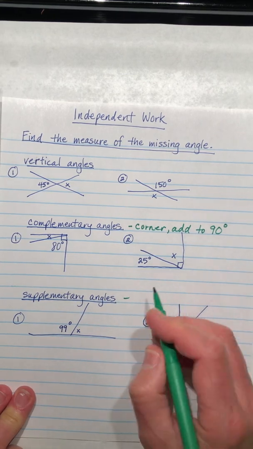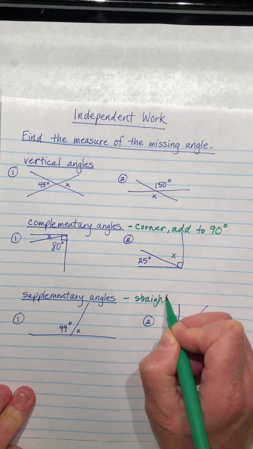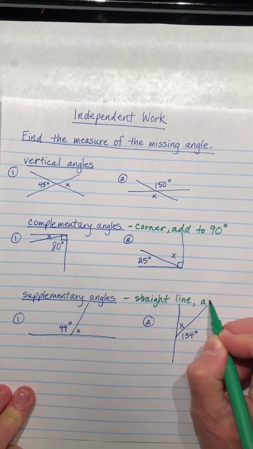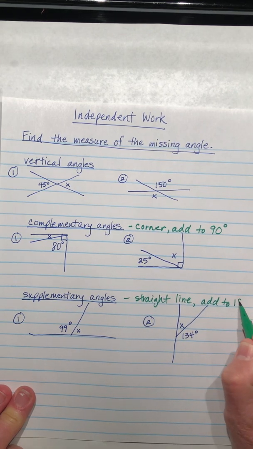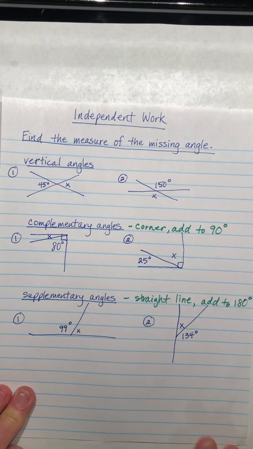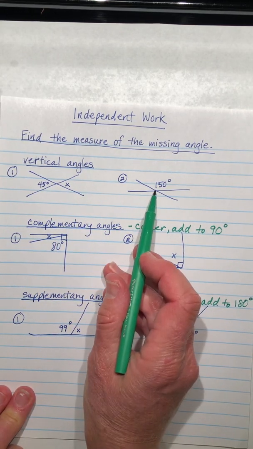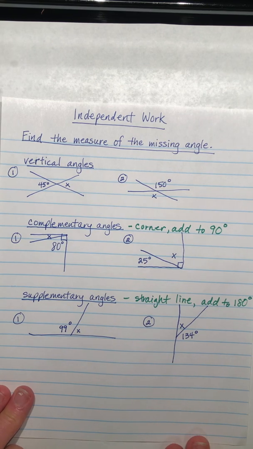Remember, supplementary angles form a straight line and they add to 180 degrees. So up here, they'll be the same measurement. Down here, you'll need to do that subtracting that we've been doing for complementary and supplementary angles.